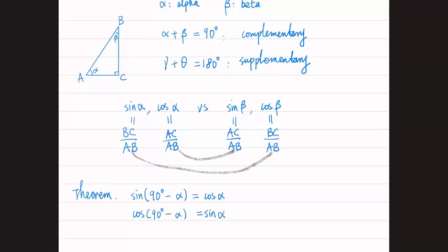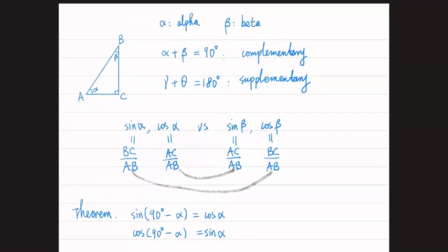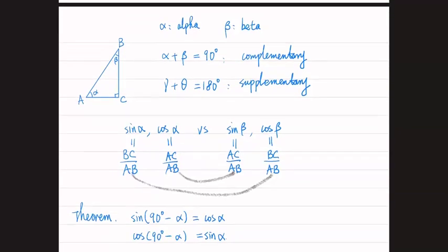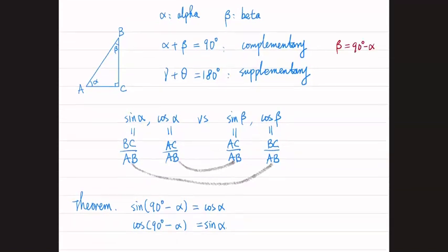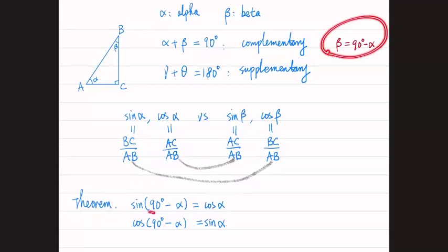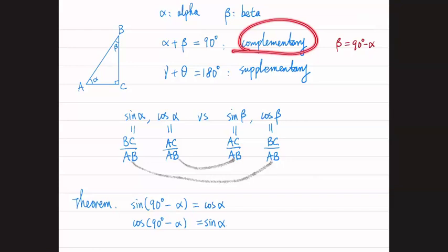We just observed, because beta is 90 degrees minus alpha, we used this expression in our theorem. If two angles are complementary, the sine and the cosine get flipped.